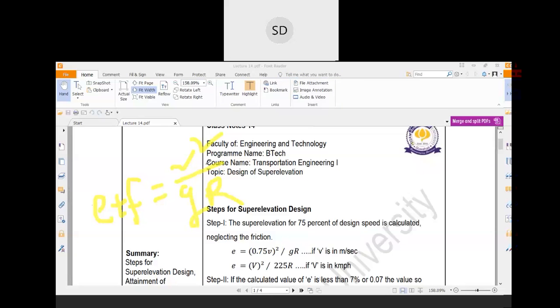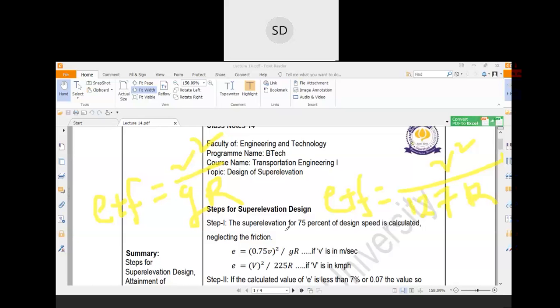That is true when V is in meter per second, or otherwise E plus F equal to V square divided by 127 R when V is in kilometer per hour.